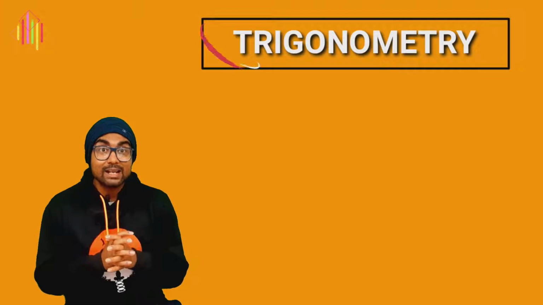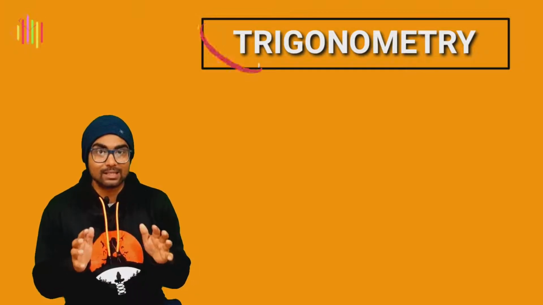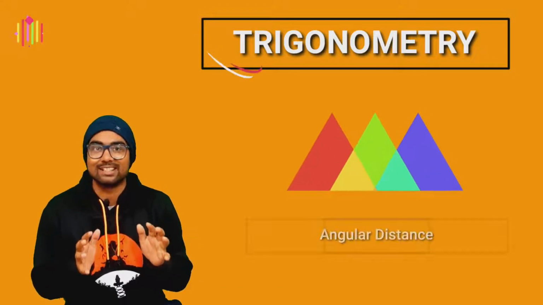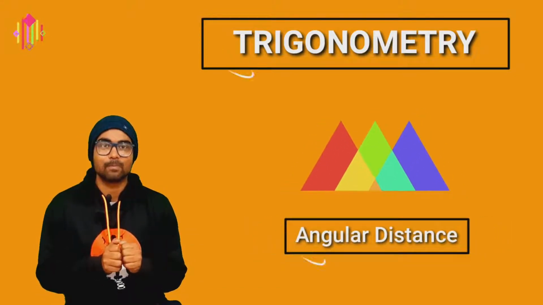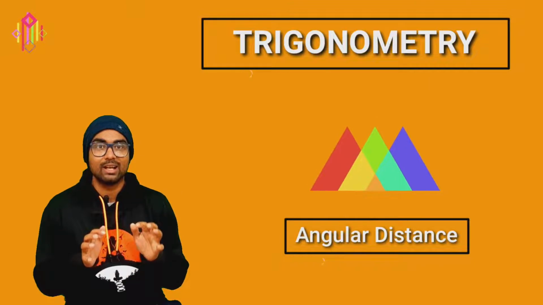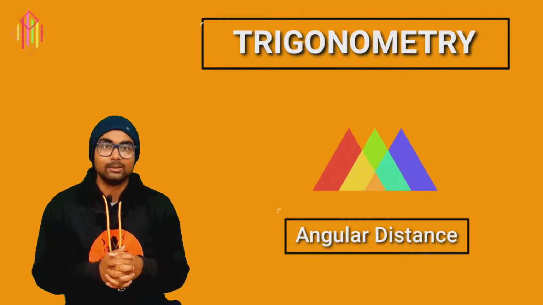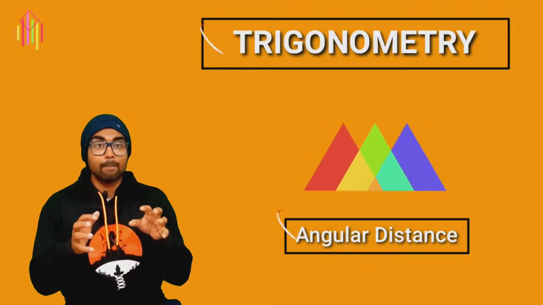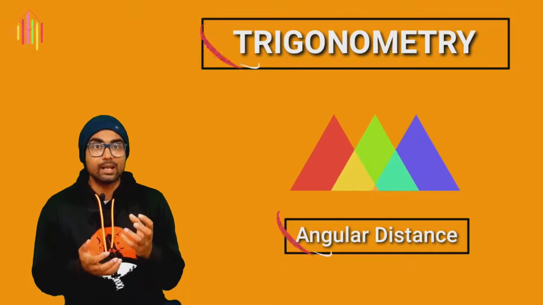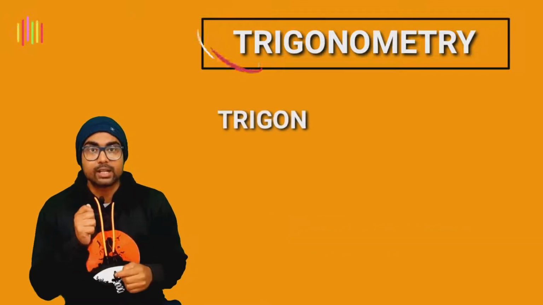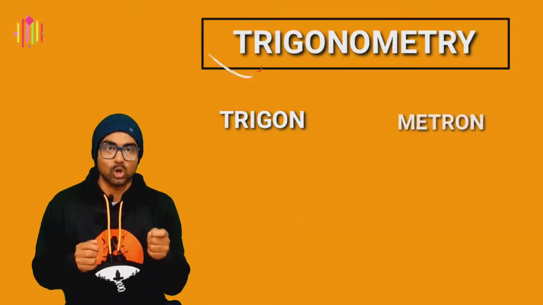So trigonometry is the branch of mathematics which deals with the study of angular distances. What? Angular distances. Trigonometry is derived from 2 words, trigon and metron.